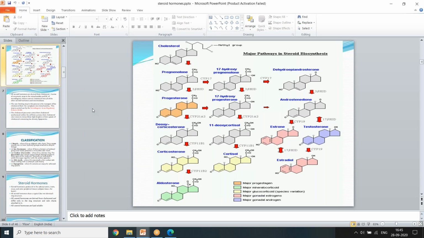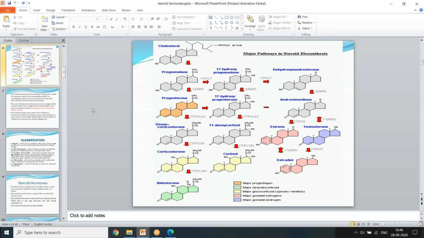If you have a disturbance, which we term hormonal imbalance, meaning either the female sex hormone concentration has increased or the male sex hormone concentration has increased, either way, in both male and female, it is going to cause a lot of disturbance. Initially this disturbance looks very small, but over a period of time it takes up a very major phase.